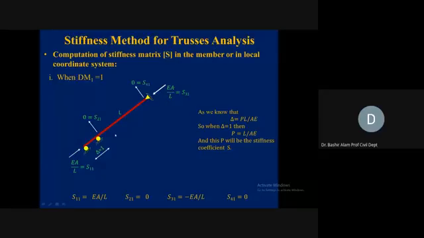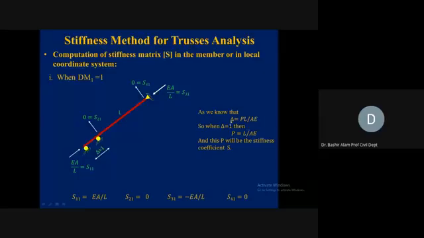Now, if you remember, delta is equal to PL divided by AE, a very famous relation which we have for axial forces. It gives you the delta in relation to the force applied. Now we provide delta equal to 1, unit displacement.